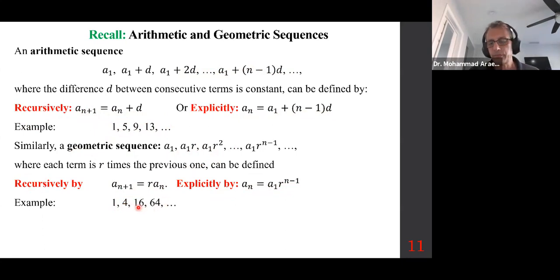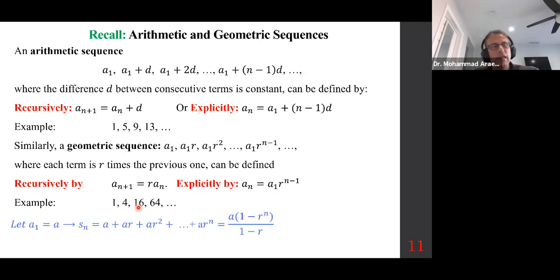Now, we will discuss this later on. We have seen this in algebra, of course. The summation, if we want to add the first n terms, and assuming we call the first one a instead of a sub 1, we can show that this would be the sum.